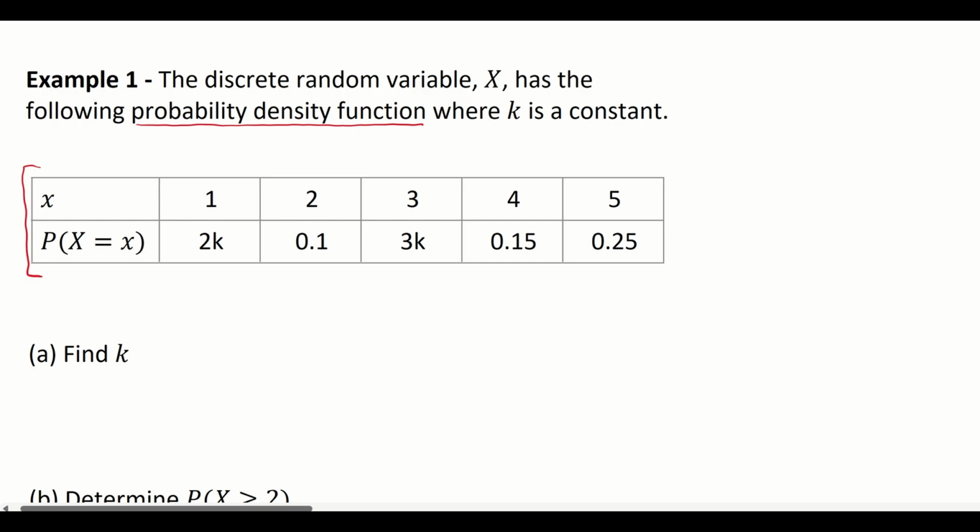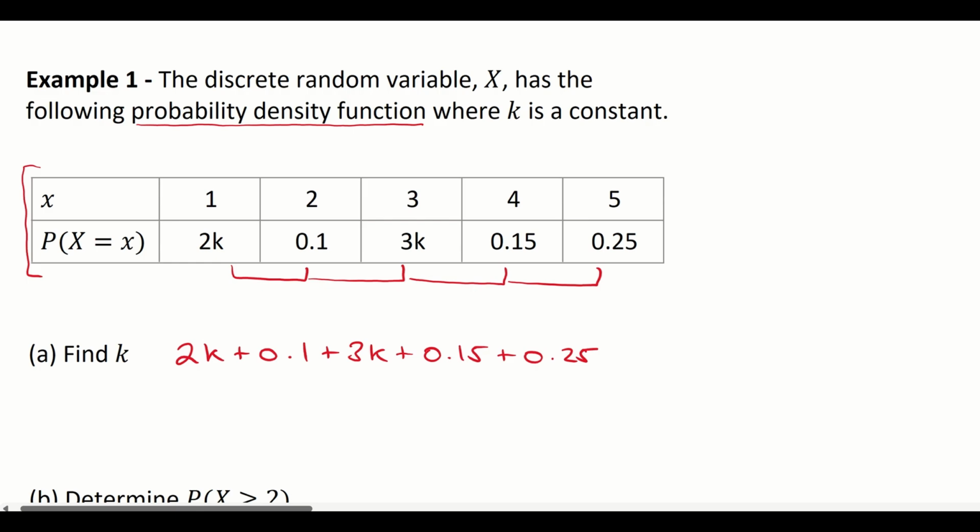So because it's a probability density function, that means that if I add all of these probabilities up, they have to be equal to 1. So if I add 2k and 0.1 and 3k and 0.15 and 0.25, because it's a probability density function, this must be 1.